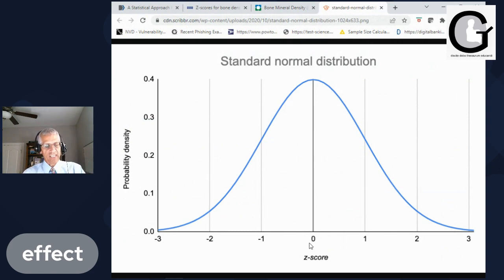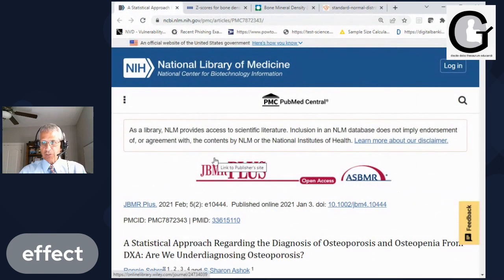In a standard normal distribution, 0 is the mean, and 1 is the standard deviation. So if you have mean plus 1 standard deviation, you have 0 plus 1. Mean plus 2 standard deviations, you have 0 plus 2. And this all gets into statistics, and something that probably you've had nightmares about since your undergrad days. But that is what we're talking about, and this is a statistical approach.